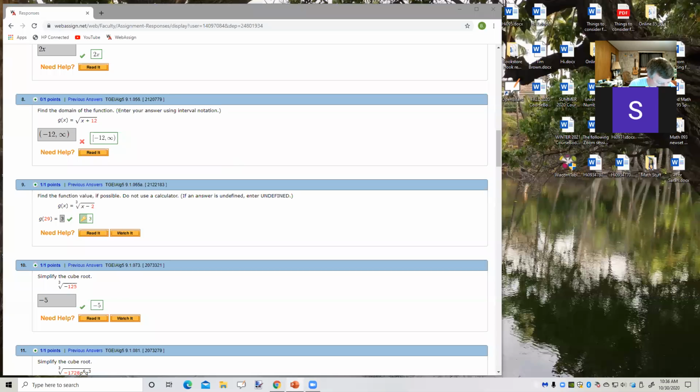So this is chapter 9, the chapter review. And we're going to look at number 8. It says, find the domain of the function. Enter your answer using interval notation. And our function is g of x equals the square root of the quantity x plus 12.